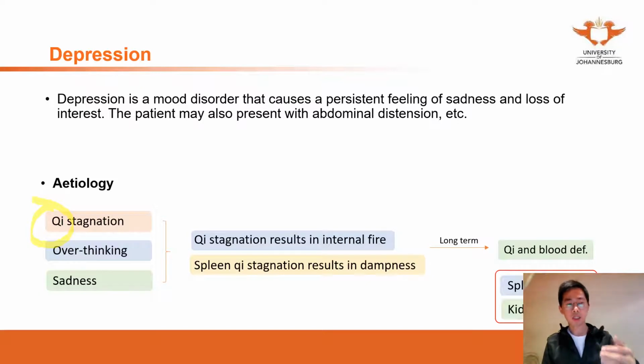So whenever we see a patient, we think from these different aspects. We also need to think about the multiple causes of the qi stagnation. Overthinking also will result in the consumption of blood, which also results in stagnation.